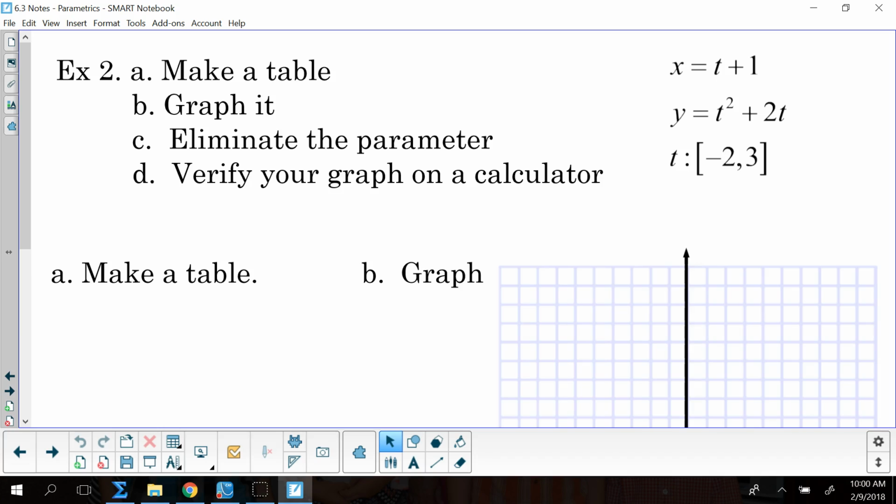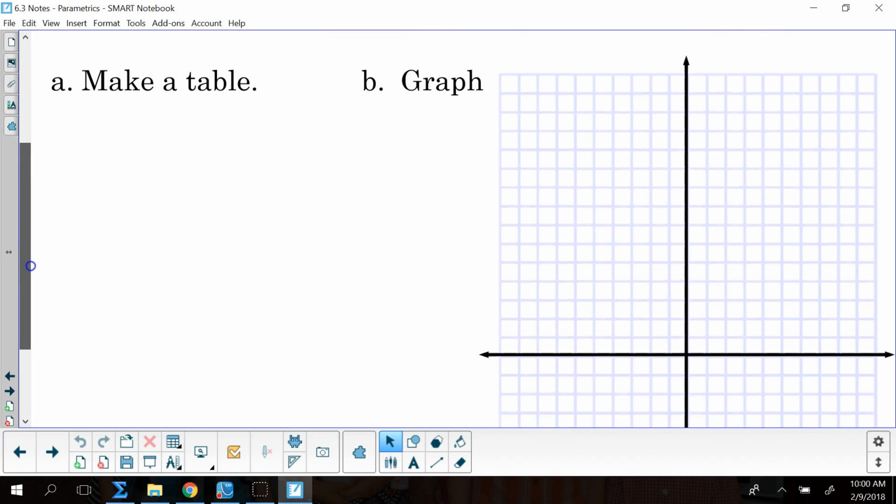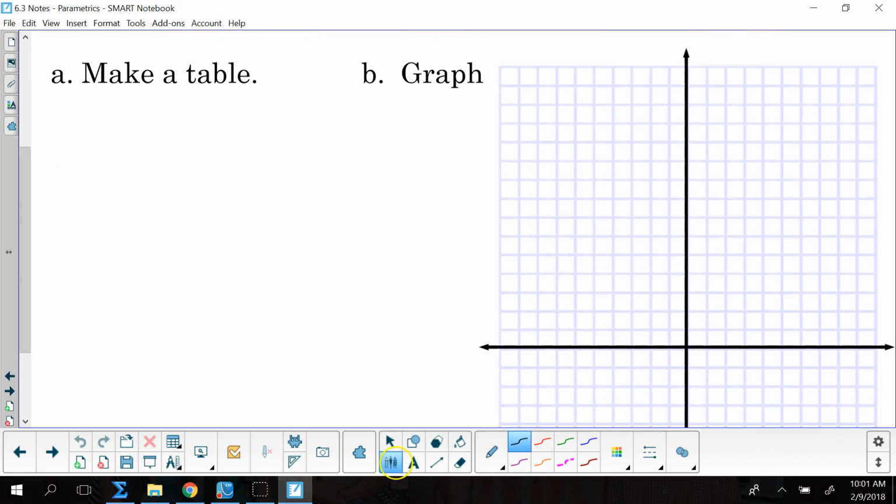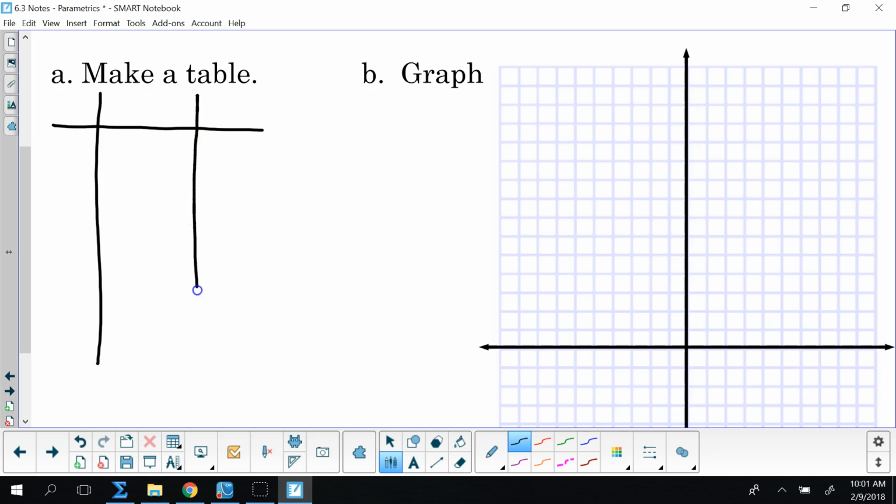So let's make ourselves a table first. If I make myself a table, how many columns am I going to need? 3, right? I'm going to need a column for t, a column for x, and a column for y. So t, x, and y.